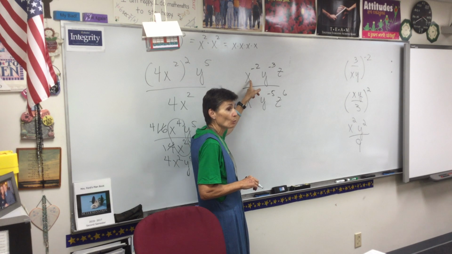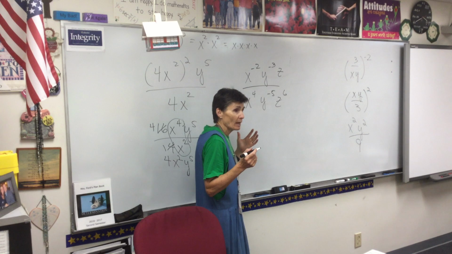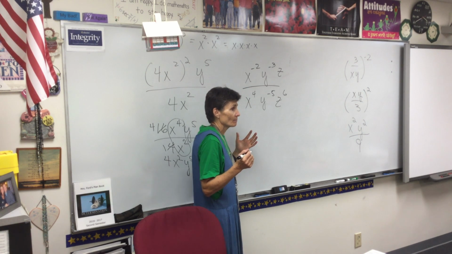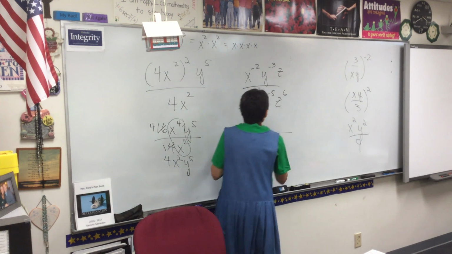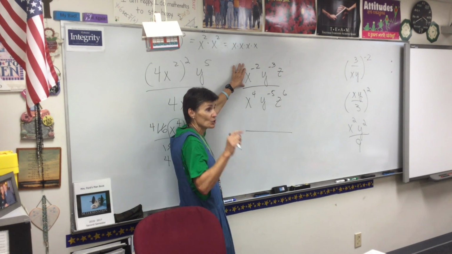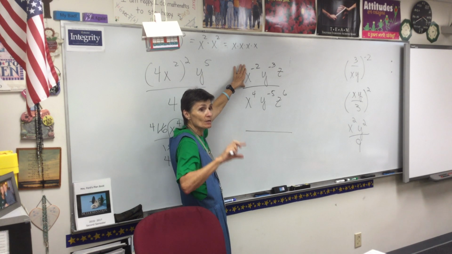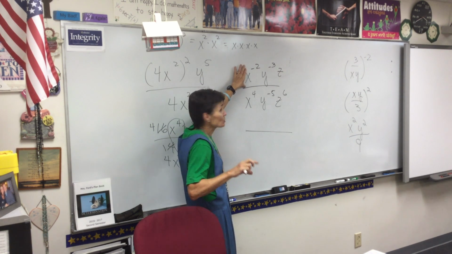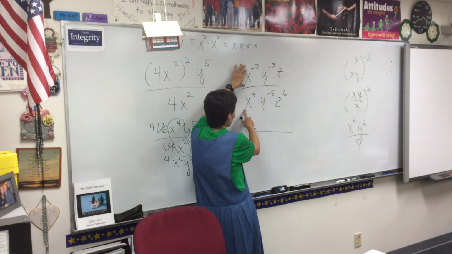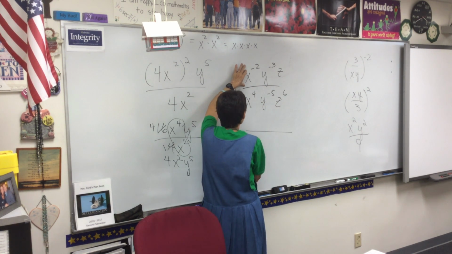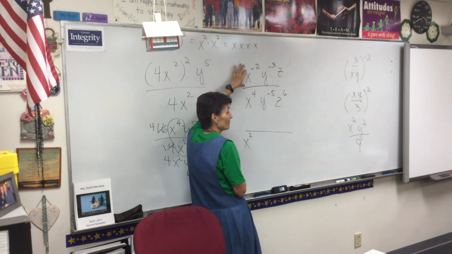The negative is only on the x here. So how do I handle that? Move it to the bottom. When you have a negative on just a piece of the fraction, you just move that number. So this x is coming to the bottom. All right? So there he is. I'm gonna take care of him. I'm putting him down there.